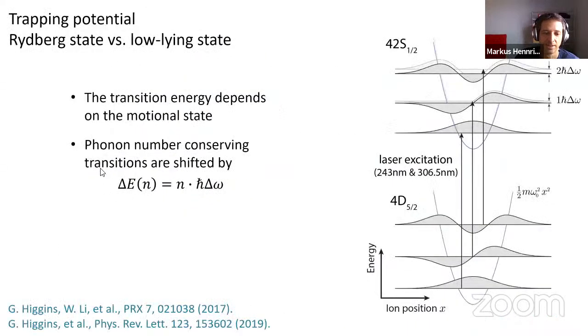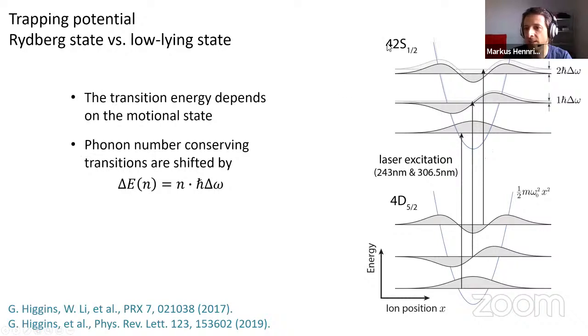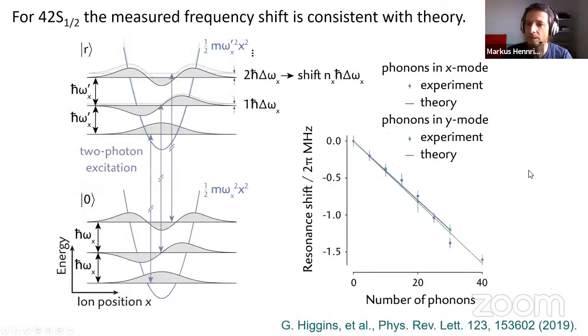So usually the ion is trapped here in the center. If you now have an additional offset electric field, the equilibrium position is shifted a little bit to the side. This is basically equivalent to a force: in such a trapping potential it is a tilt added to the normal quadratic potential, and this shifts your potential a little bit also in energy.